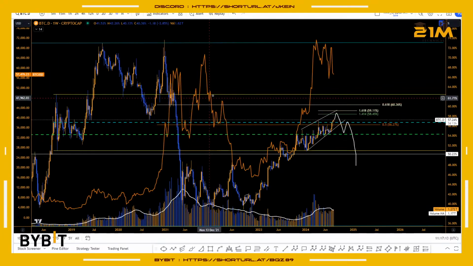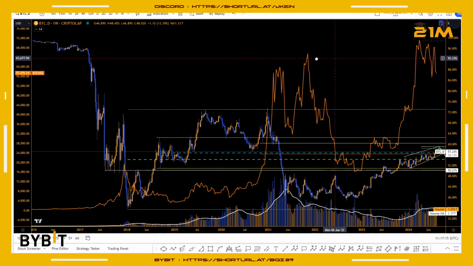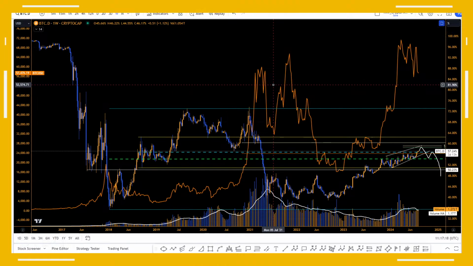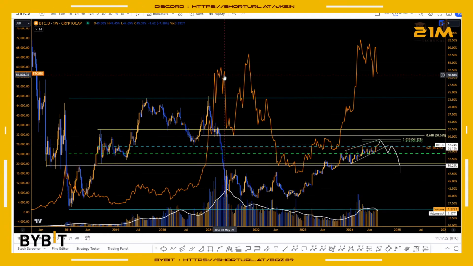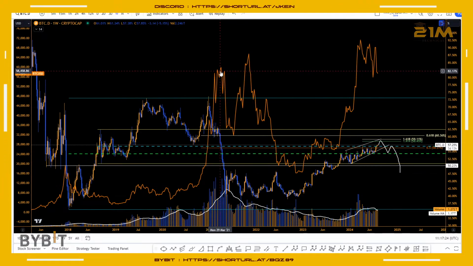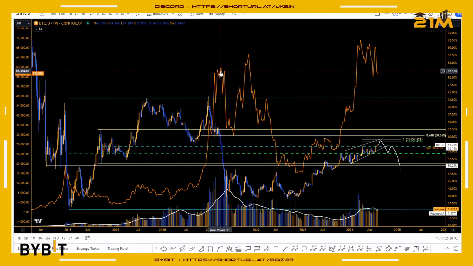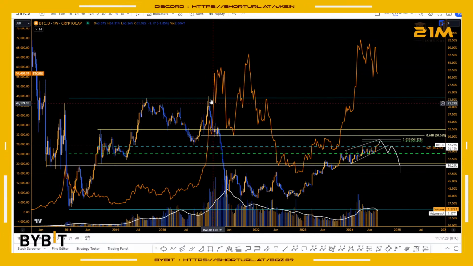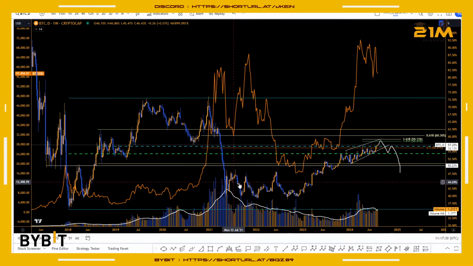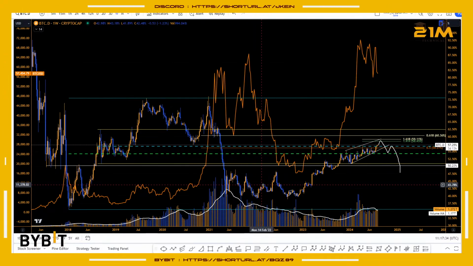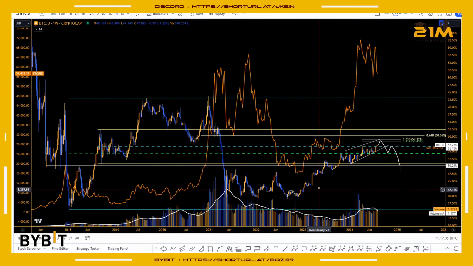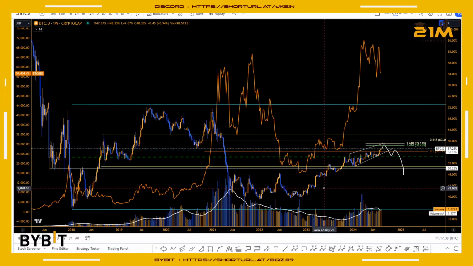So if you look here, the line chart is your BTC price, and the candlesticks you're watching are the Bitcoin dominance. Okay, so don't confuse anything.